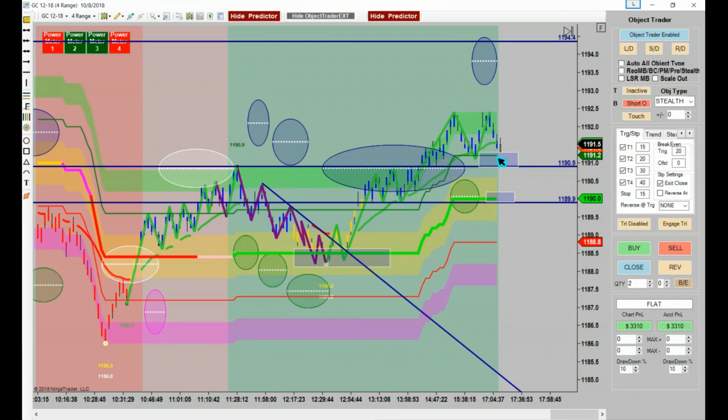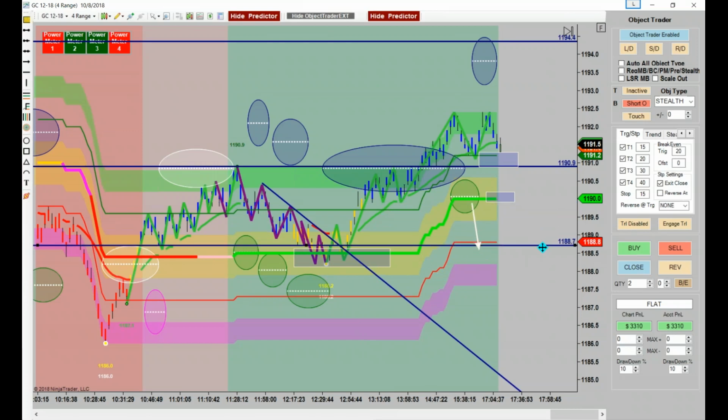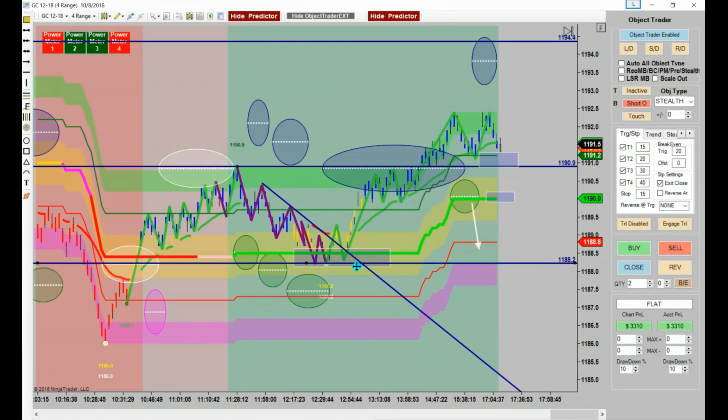If it bounces off of here and pops back above Line 6, it'll head up. If it breaks this at all and heads down, it's going to come in this little area here. If it breaks here and heads down, then you could be looking for a break. There's your medium swing. This is more of a secondary swing. This could still be an uptrend, even if it comes all the way to phantom, as long as it doesn't take that swing out.